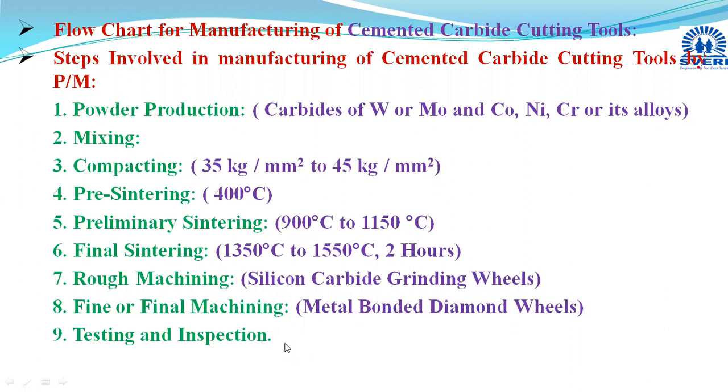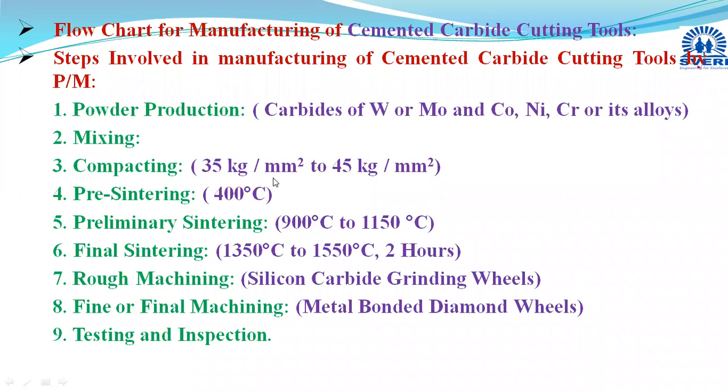Then its shape and size is inspected, and whether any kind of defect is there. All these are tested and inspected in this last stage, and after finding it with the optimum characteristics, that component is suggested for practical use. In this way, these cemented carbide cutting tools are manufactured.